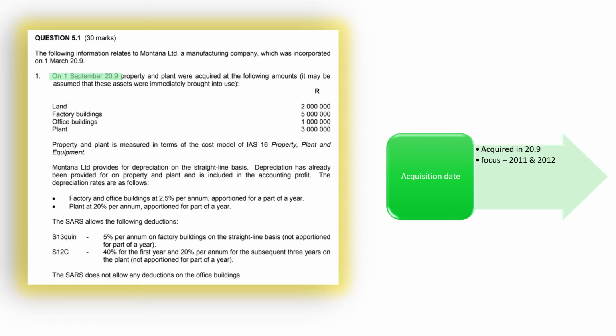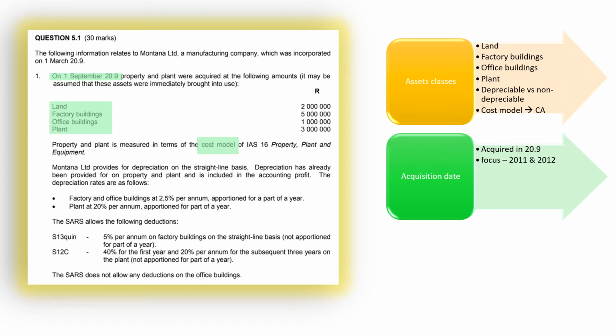Property and plant is measured in terms of the cost model of IAS 16, Property, Plant and Equipment. So all of these assets that you see over here, land, factory buildings, office buildings, and plant, what you need to remember about them is that these asset classes are measured using the cost model.